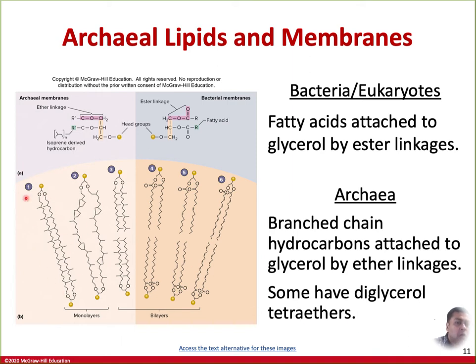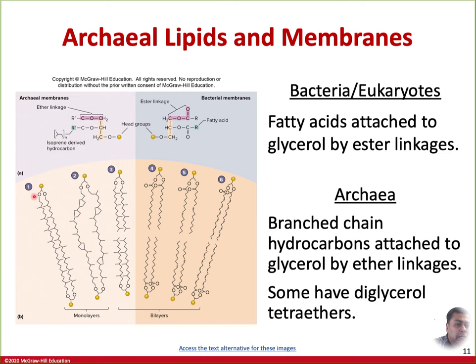These are also called diglycerol tetraethers. There are some diglycerol diethers. So diglycerol diethers means that you have 1 and 2, diglycerol diether at this one end; diglycerol tetraether has 1, 2, and 3, 4. So these tetraethers are like this, which are the closed circuit molecules right here.